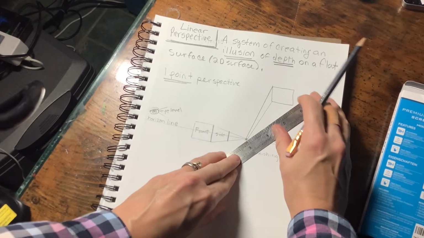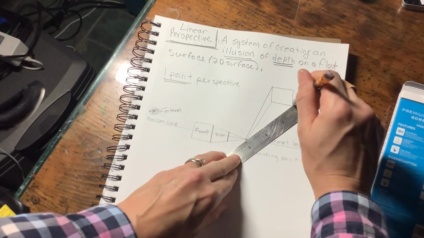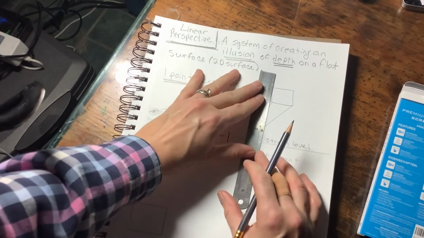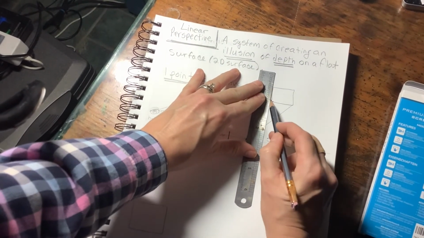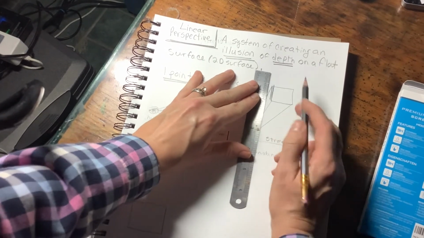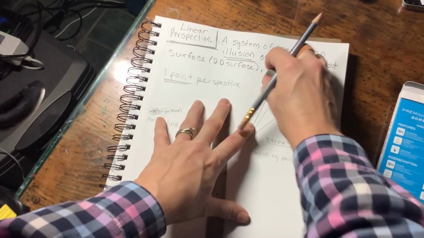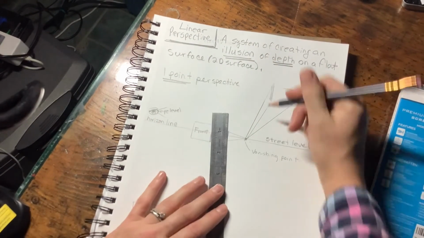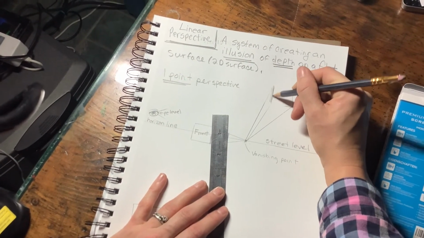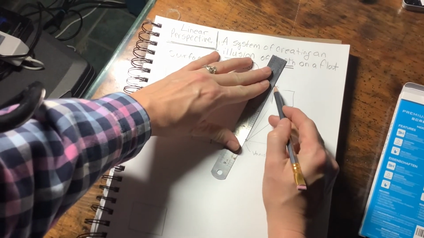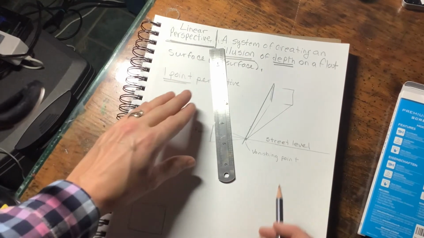I'm going to do it again. I could always fix my lines. I didn't use a ruler to make my initial boxes. There we go.